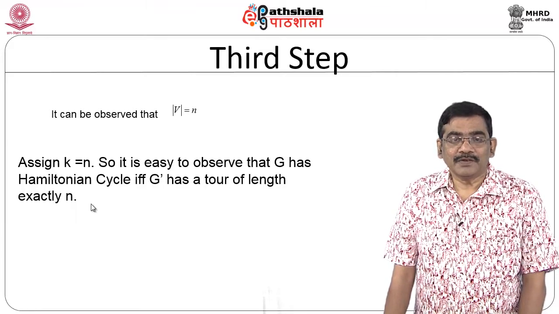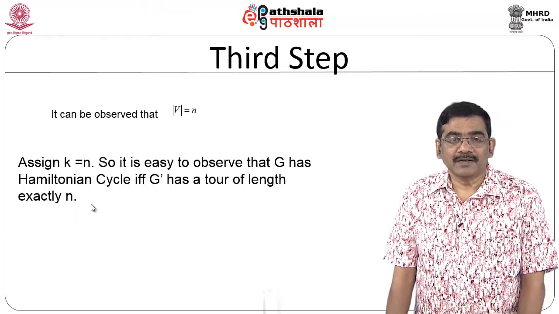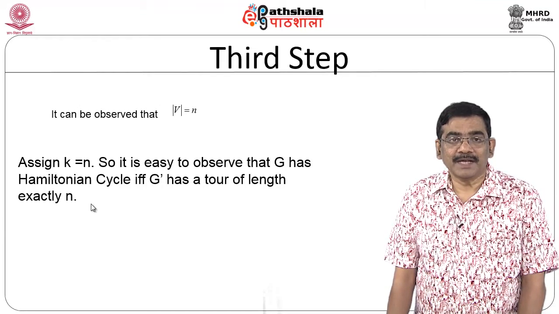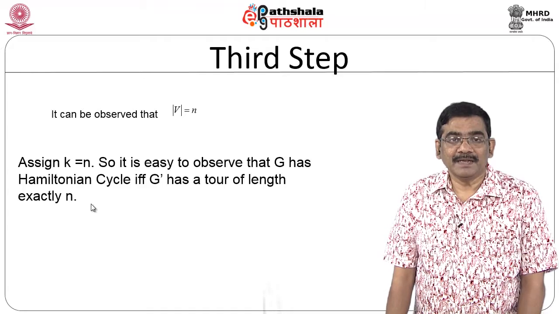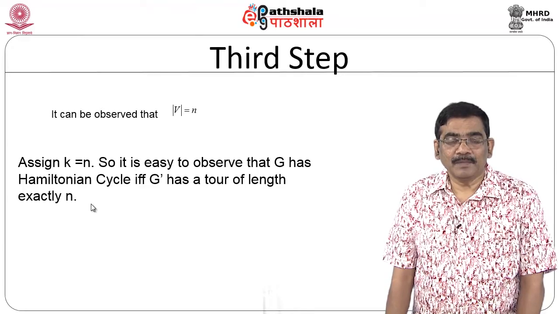In other words, you can break up the proof into three components. The first component is to prove that traveling salesman is indeed NP complete. Number 2 is we take a well known problem and perform a reduction in polynomial time.